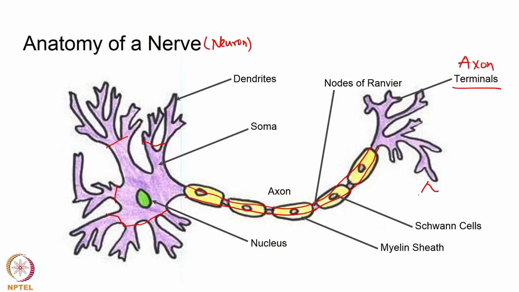They communicate with, say, other neurons or maybe muscle fibers, etc. Now, the neuron has a cell body, which is this, and a nucleus. The neuronal cell body is called the soma.